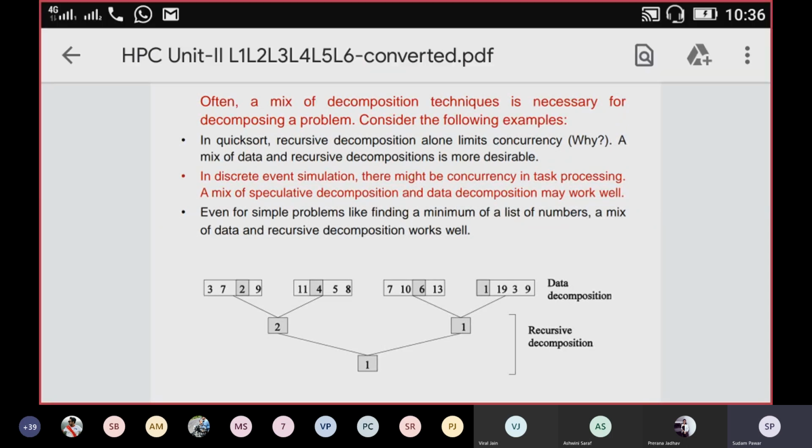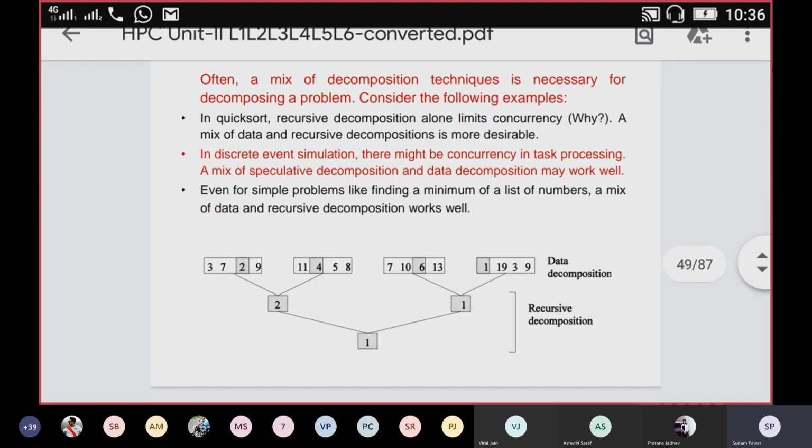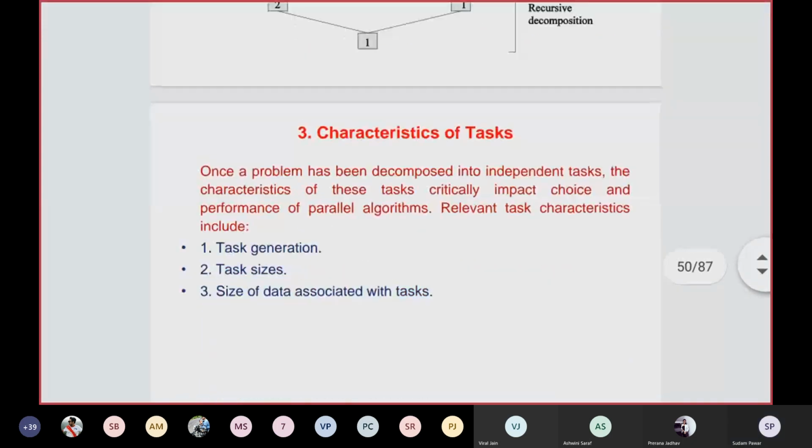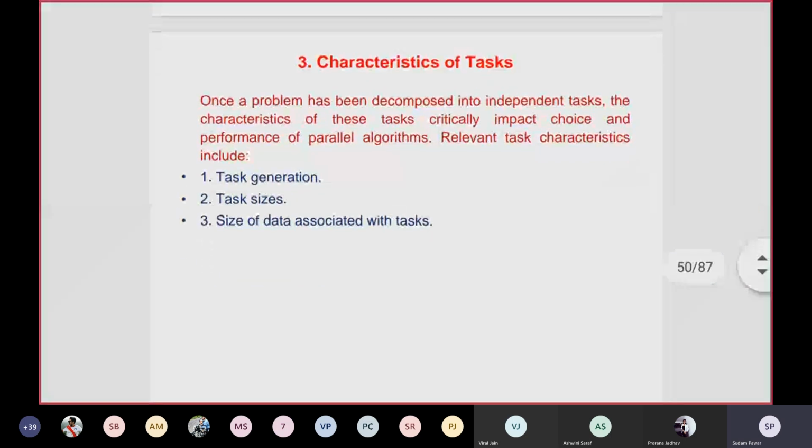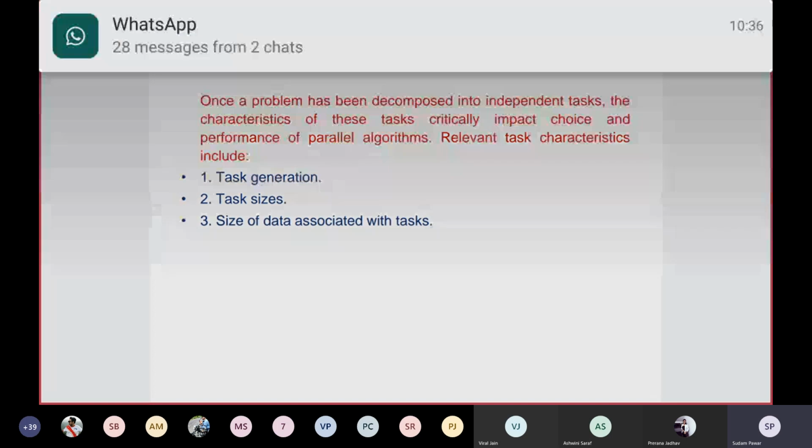Then we'll move towards the next topic, the task characteristics. There are two different subtopics: the characteristics of tasks and task interaction characteristics.